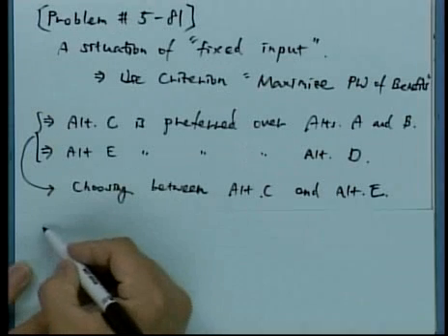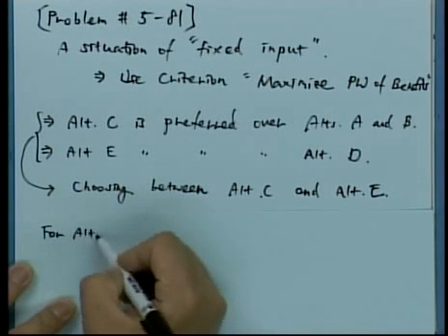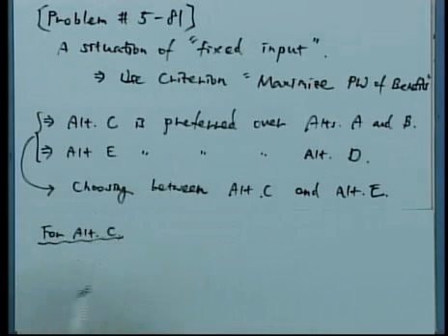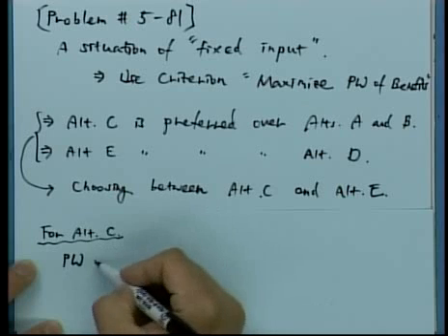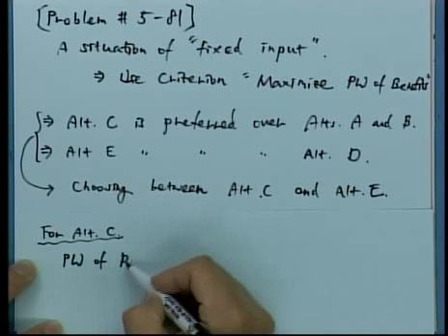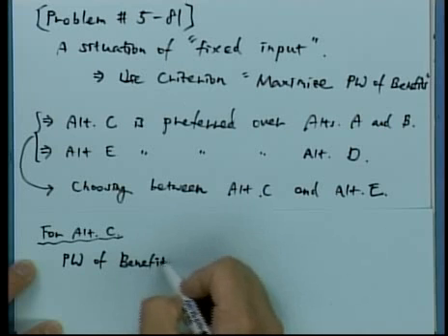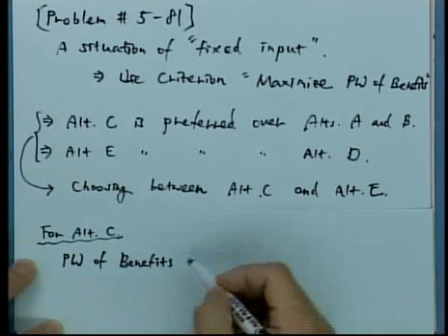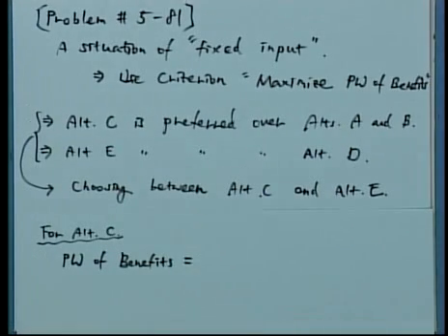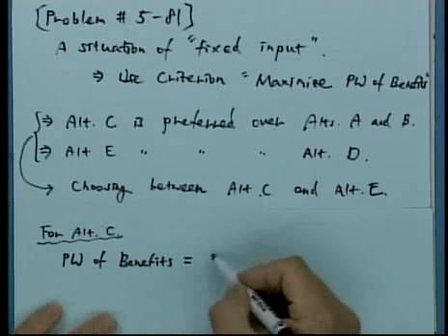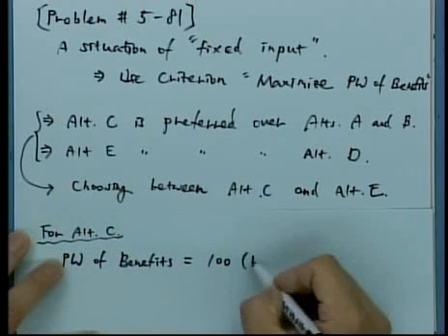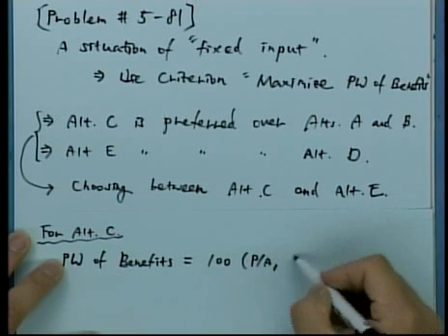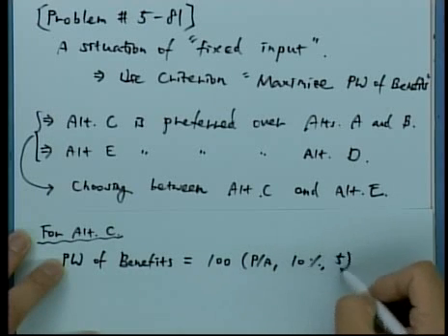So for alternative C, we want to obtain the present worth of benefits, which is $100 for the first 5 years, so P given A, 10% over 5 years.